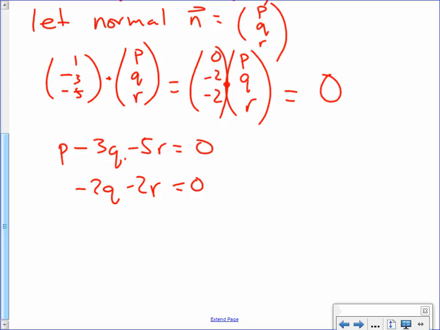This is one of those things where we have two equations but three unknowns, so we need a parameter. Since P is all the way out there, let Q be T, or negative T, I should say.